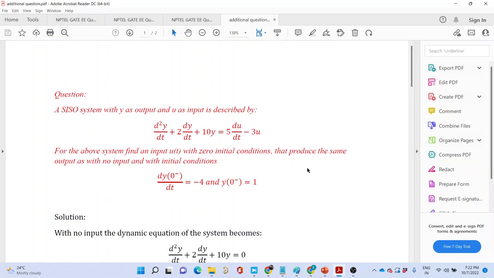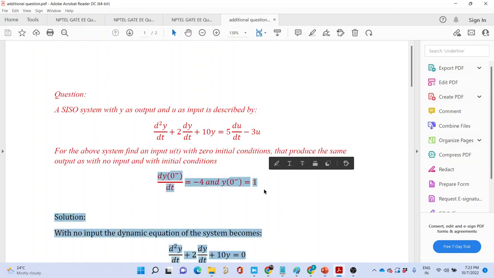So this is the question. A SISO system has a dynamic equation which is given like this. For the above system, you have to find the input with no initial conditions, which would produce the same output as the system produces when there is some initial condition which has been given over here.